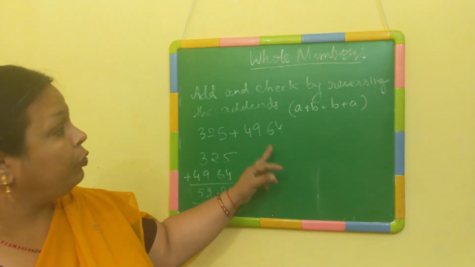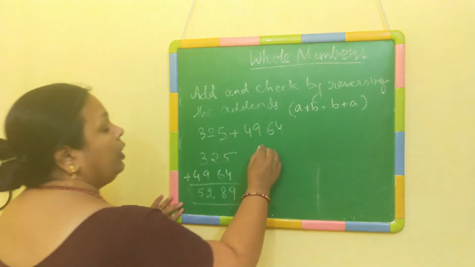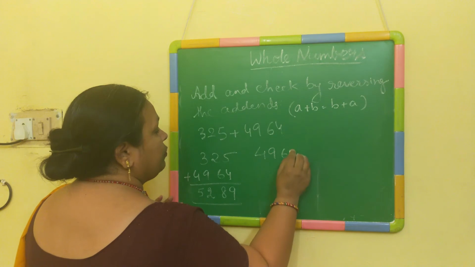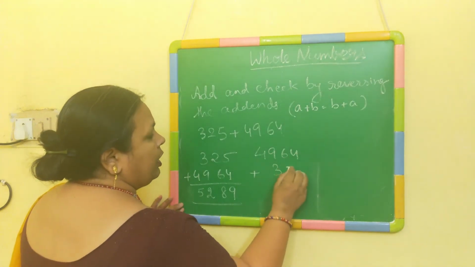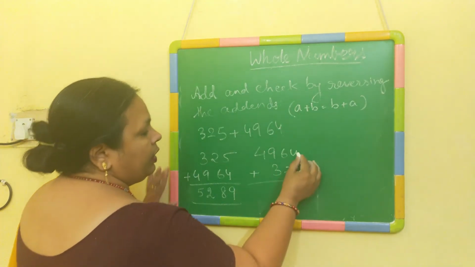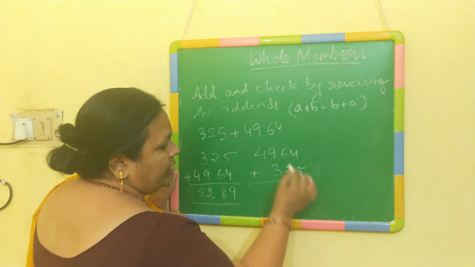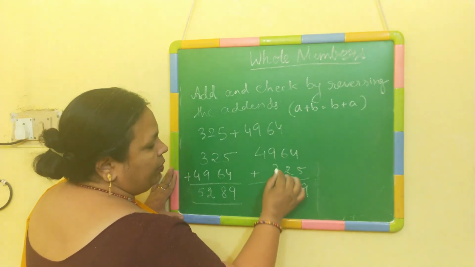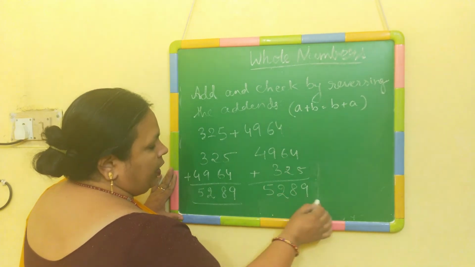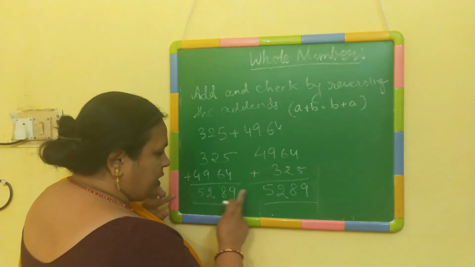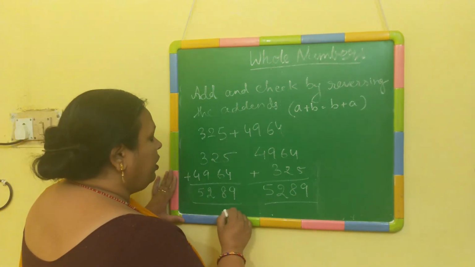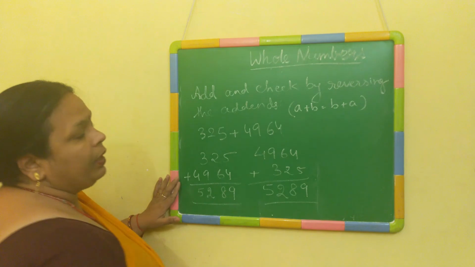Now what we need to check? Reversing the addends, that is 4964 plus 325. That is 5 plus 4 is 9, 6 plus 2 is 8, 9 plus 3 is 12, 1 carry. We can say that this number is equal to this number, hence verified.